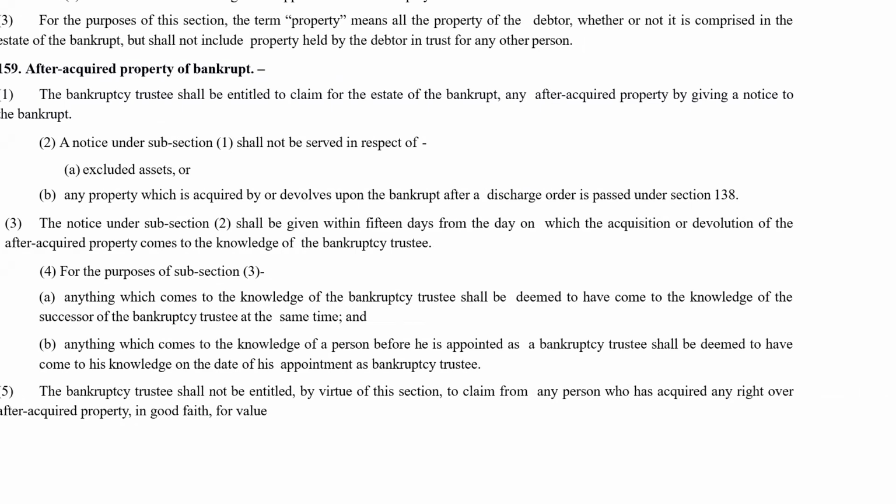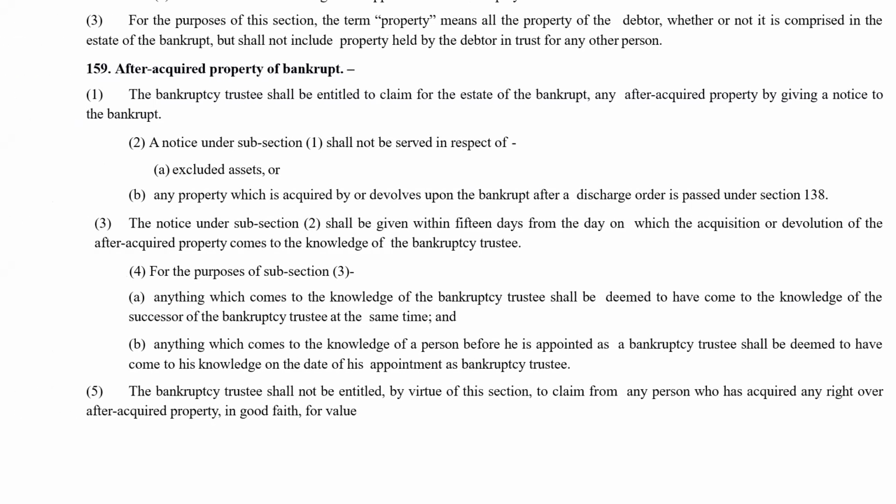Okay? The bankruptcy trustee shall not be entitled by virtue of this section to claim from any person who has acquired any right over after-acquired property in good faith for value and without notice of the bankruptcy. So that means this transaction will be considered as valid.